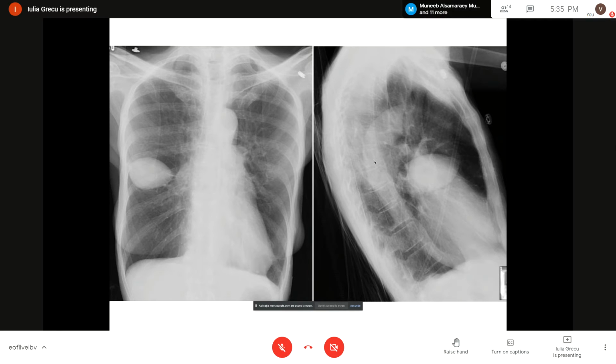They are homogeneous. They are with a medium high intensity, and they project on the course of the fissures or on the lateral thoracic wall. And when we see them in the lateral projection, then we will see that the angle that the opacity has with the chest wall is an obtuse angle.